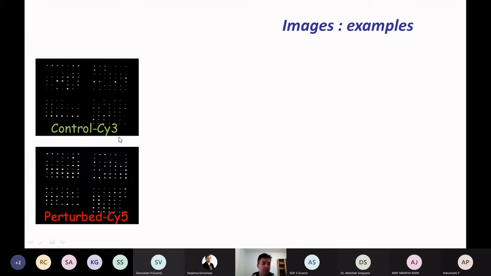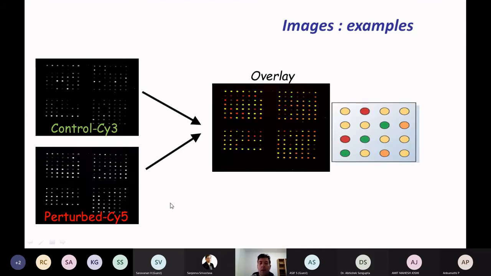This is the image scanned at 532 wavelength, the Cy3, and this is the image obtained with the Cy5 laser, the 635 wavelength laser. The overlay produces an image that usually contains 3 colors: red, yellow, and green.